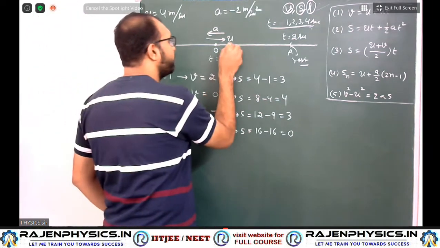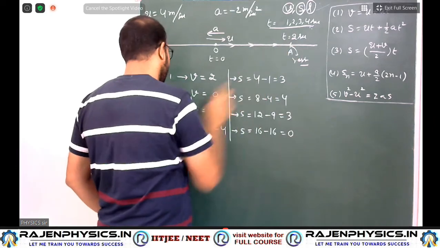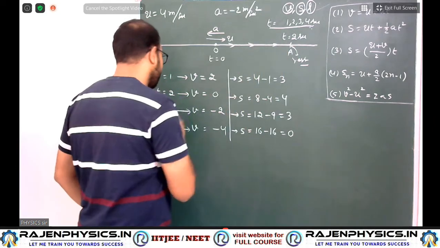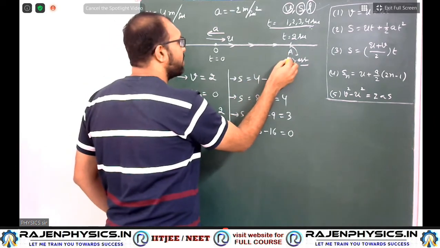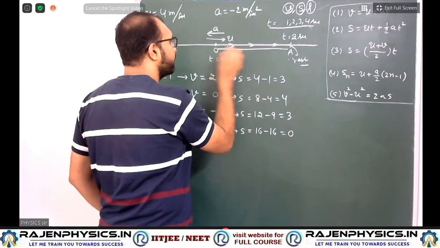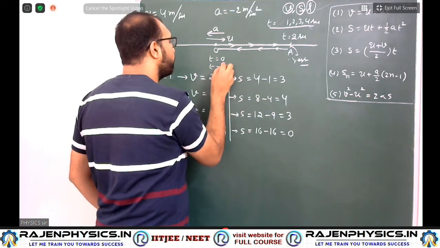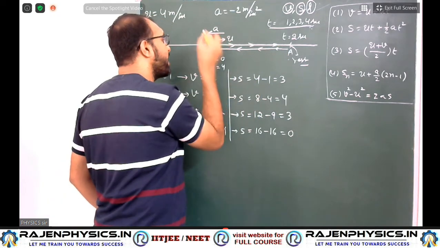So the body moves from here like this and comes to rest. Later, the return journey started. After t equal to 4 seconds, again the body is at point number O.